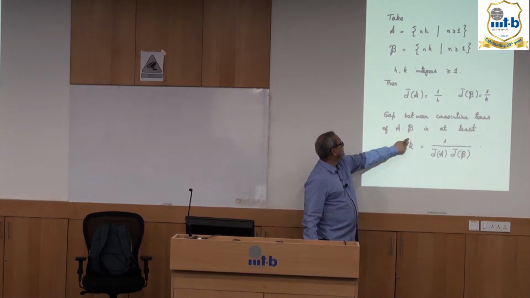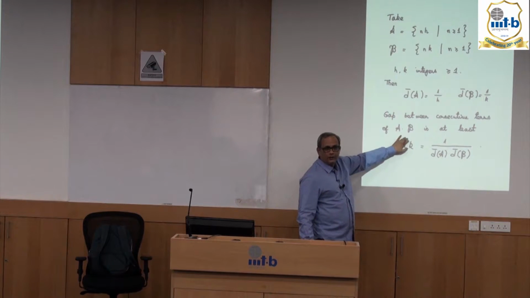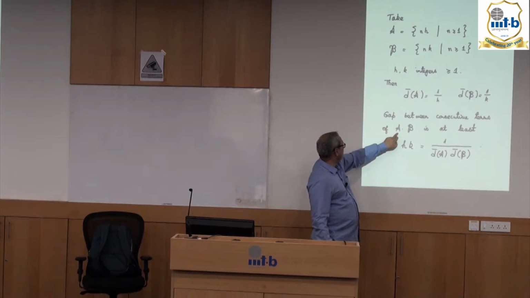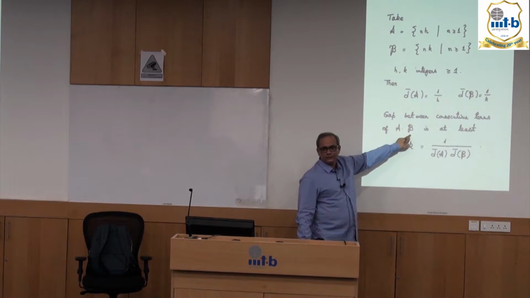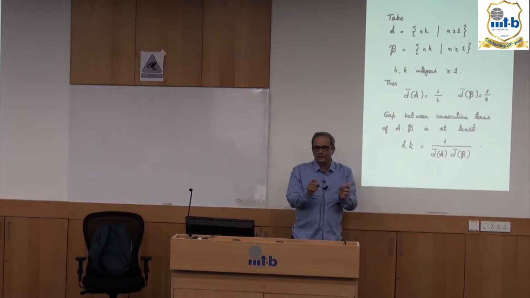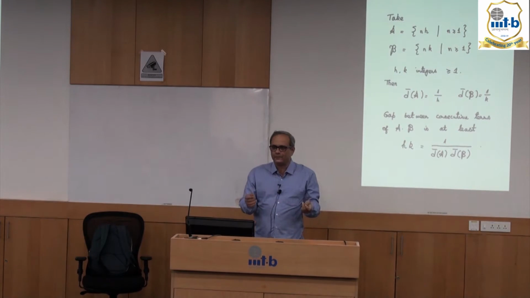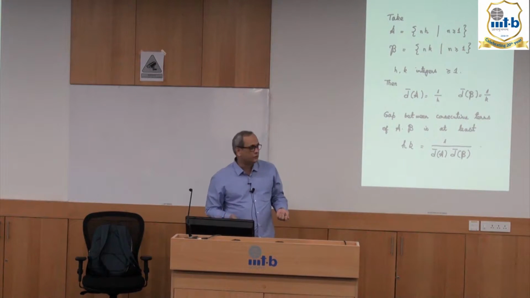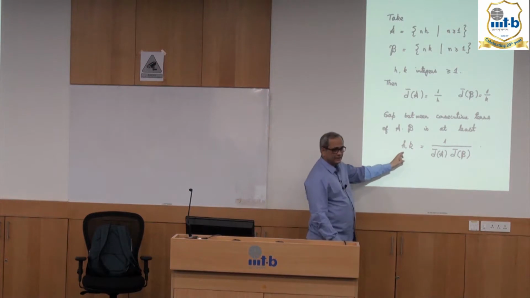And the gap between consecutive terms of the product set, the set of all products AB: if you take an element of A and multiply with an element of B, it's divisible by hk. If you have two different elements of the product set, both are multiples of hk, and therefore the difference is at least hk. So the gap is at least hk.